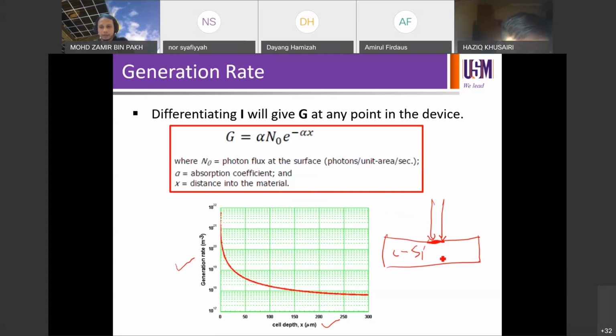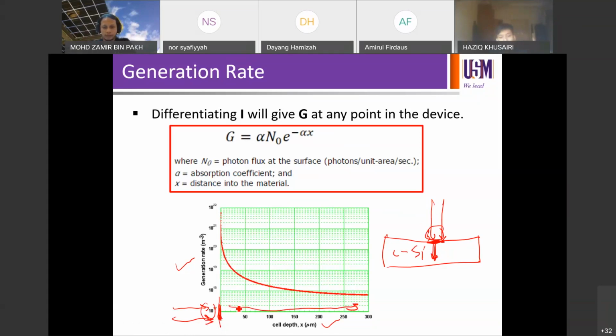So the moment it goes through, if you plot this on the x-axis, the photon falls here, on this surface of the silicon. So going into the silicon is going through this, left to right.